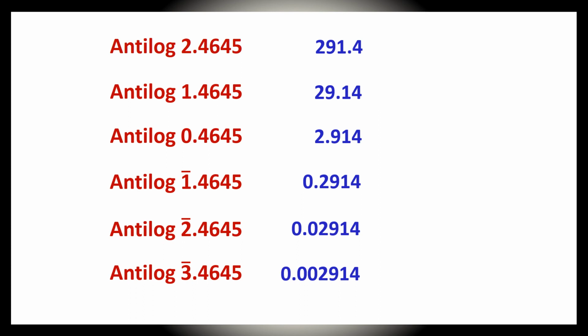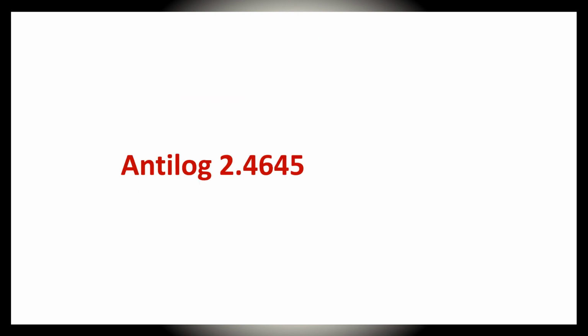That is how we convert the anti-log table value. It is done just the opposite of what we have done in the case of the logarithm values. Thus, antilog of 2.4645, we have to consider the 2 point. When it is 2, we have to put decimal point after 3 digits and it will be 291.4.